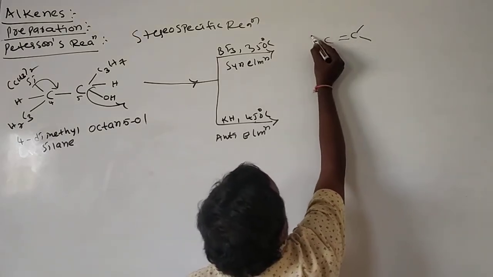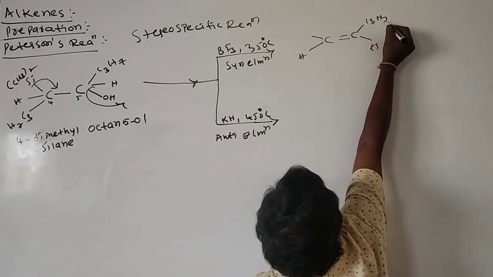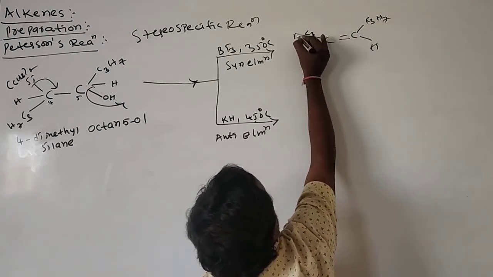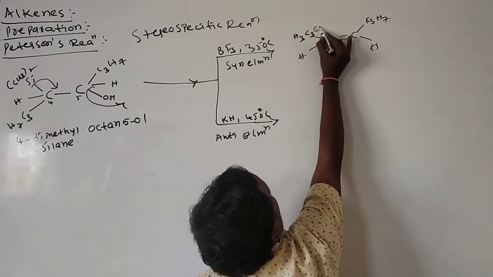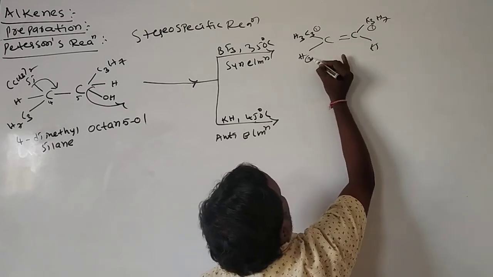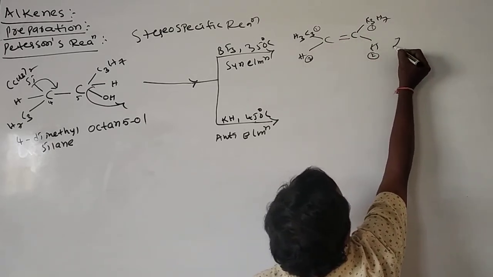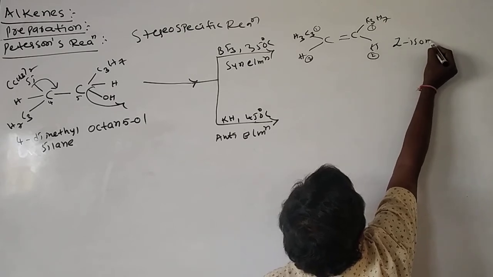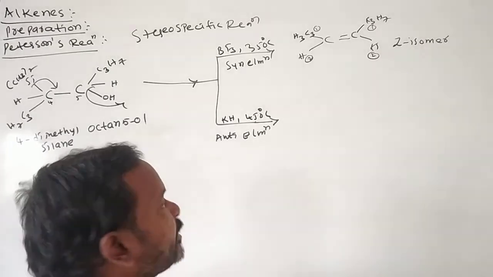Z isomer means H here, C3H7, here also C3H7. These are the same priority groups: here 1, here 1, here 2, here 2. Same priority groups are present on the same side, so we call it Z isomer. Already we know about this Z isomerism.